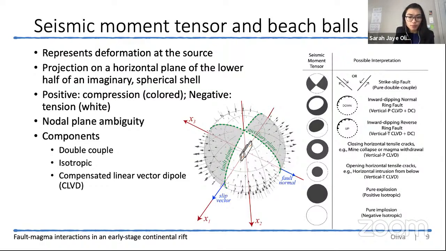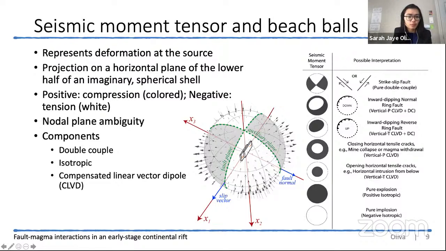The double couple component represents shear on a fault surface. So most of the focal mechanisms that you've probably seen are double couple, and that's represented by beach balls with two orthogonal planes. It's much like this figure right here and this first beach ball on the table on the right.